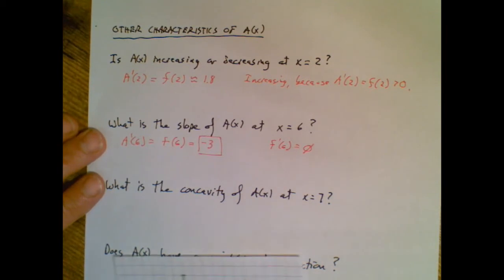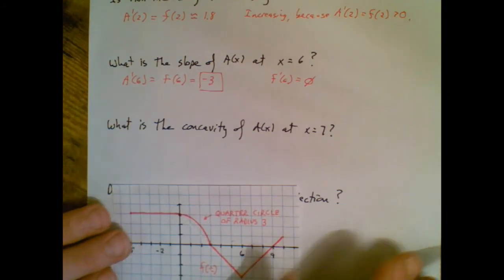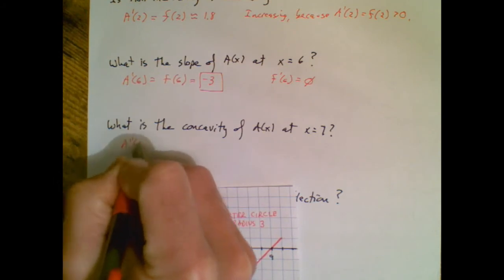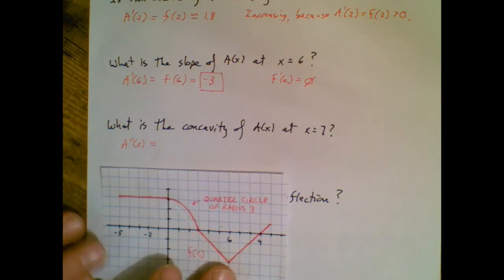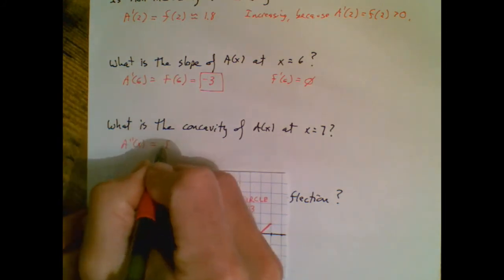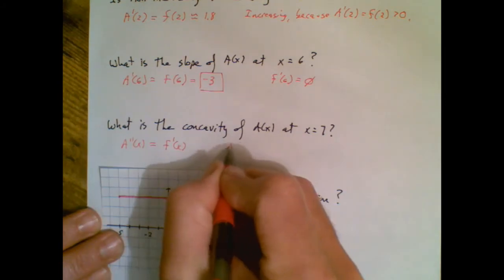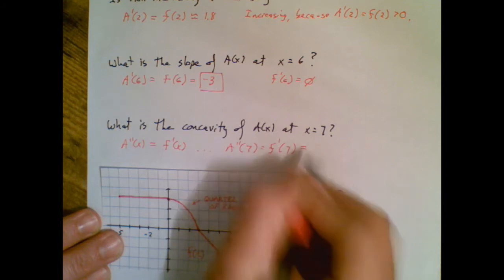what is the concavity of a of x at x equals 7? Well, concavity is a double prime of x. I have to show the AP grader that I understand that a double prime of x is really f prime of x. Or more specifically, a double prime of 7 is f prime of 7.